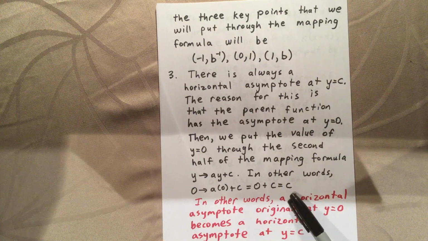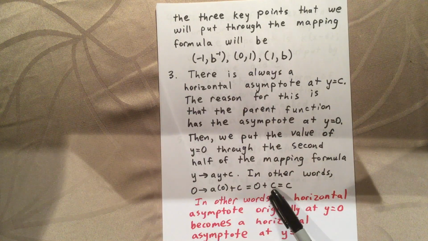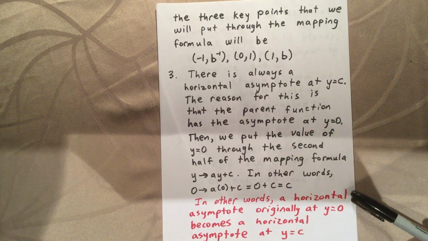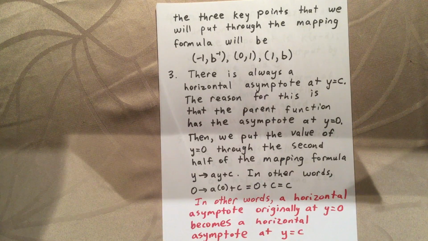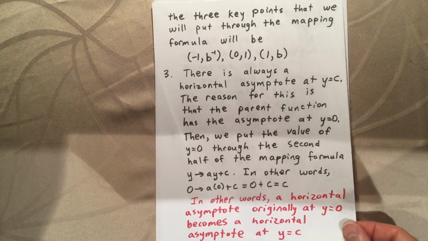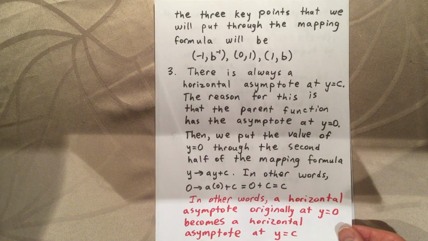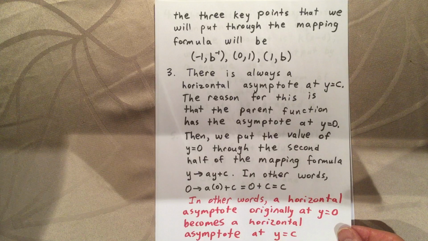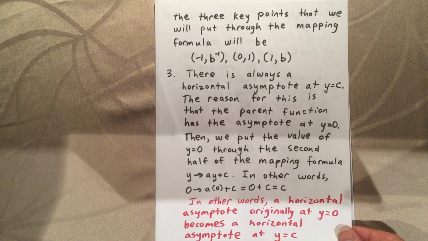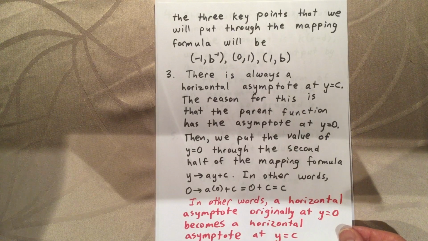So 0 maps onto c, meaning that horizontal asymptote of y equals 0 becomes a horizontal asymptote of y equals c. So in other words, a horizontal asymptote originally at y equals 0 becomes a horizontal asymptote at y equals c. Every one of these exponential curves that we graph in this section will have a horizontal asymptote, and to know where it is, we'll look at the c value after we put the equation that we're given in the proper form.